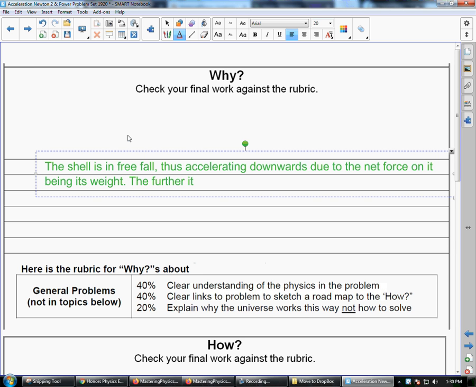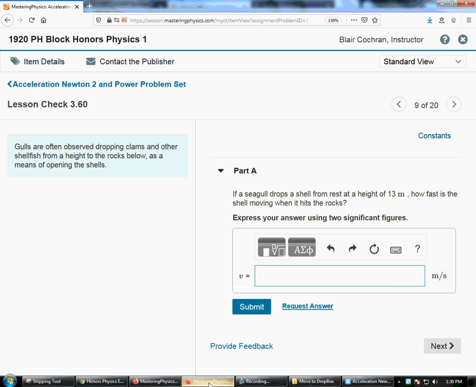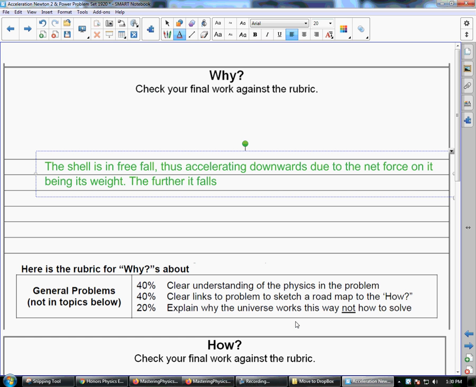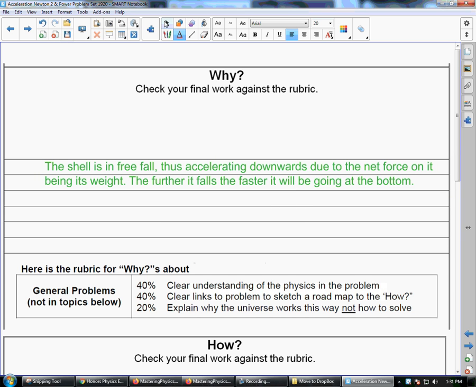The further it falls, the faster it will be going at the bottom. Yay! Make sense?